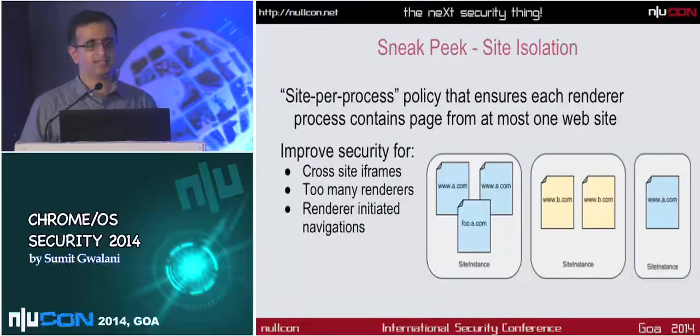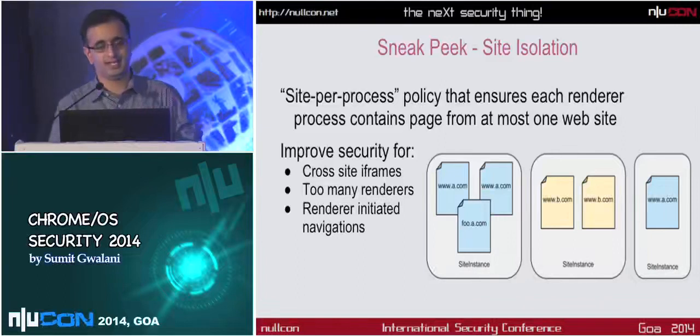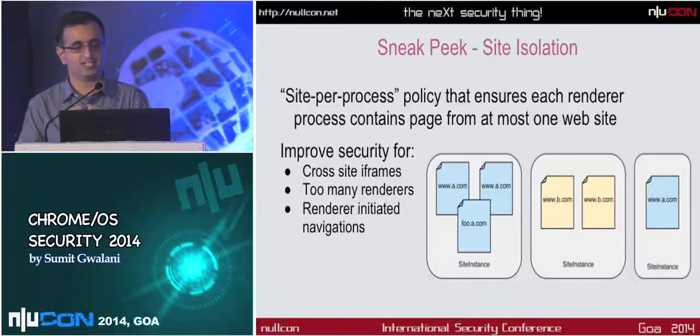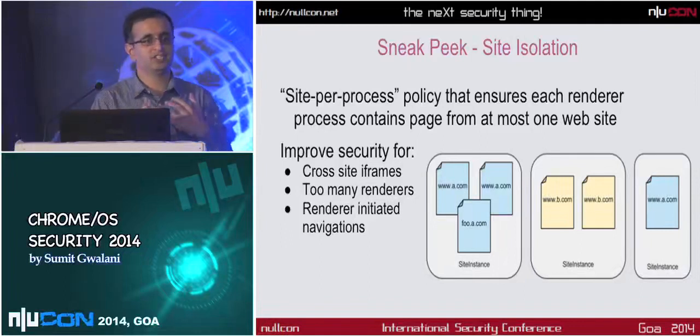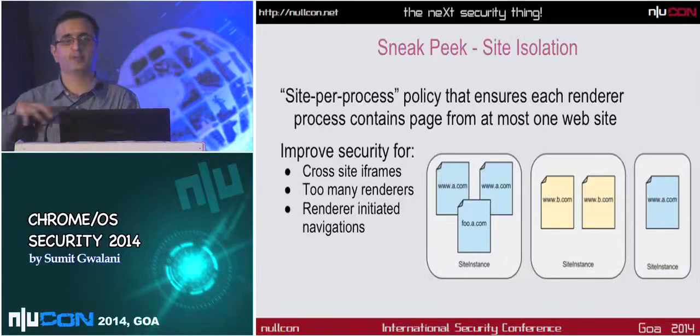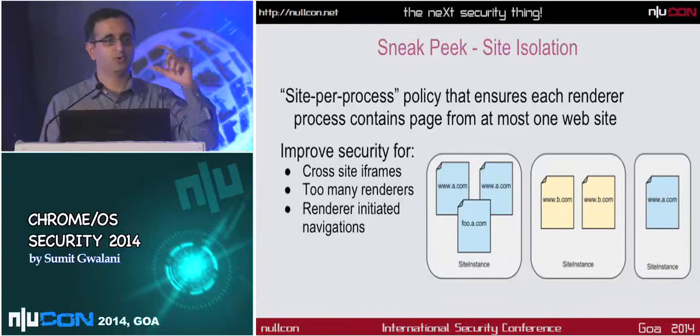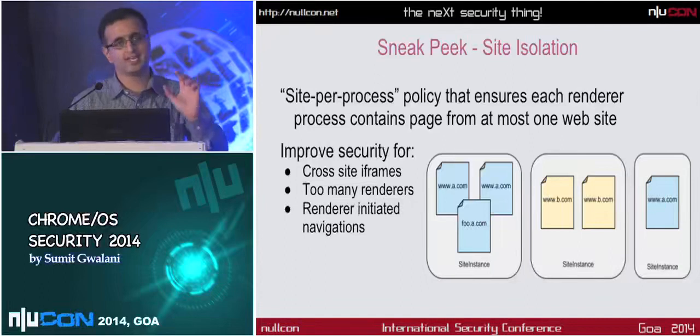So what have we been doing? We came up with a site-per-process policy that can ensure each renderer contains pages from at most one website. Now, we have to make some assumptions, because a lot of the web works by doing postMessages between subdomains. So we try to define the minimum unit, which we call the site instance, that needs to be in its own sandbox.